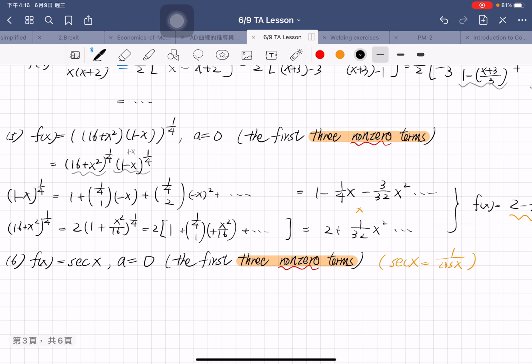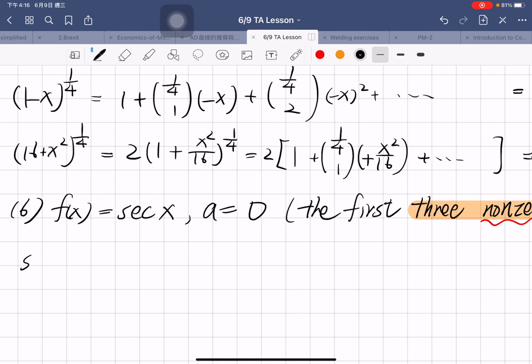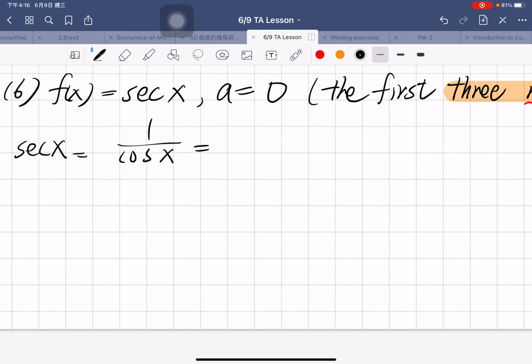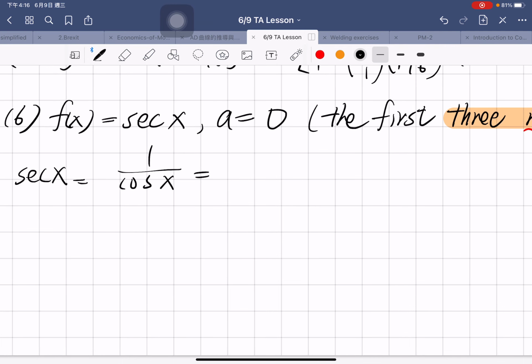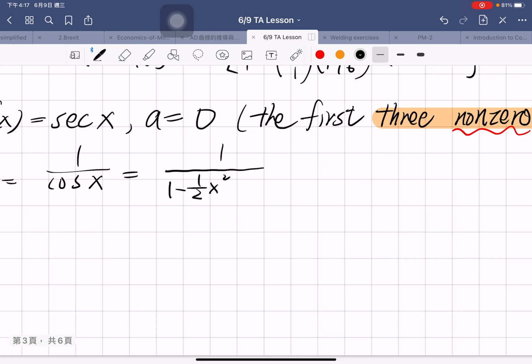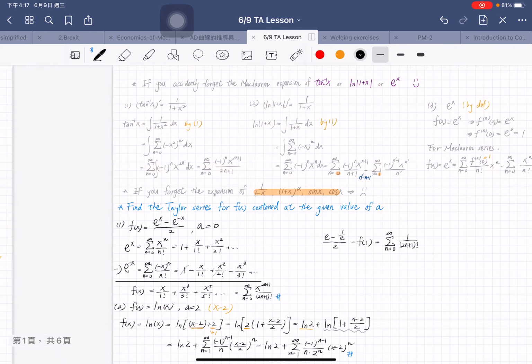So just as I said, you cannot actually expand the function, so what we do is use the derivation. We now have a 1, right? Because we know that cosine is equal to 1 minus 1 over 2 x squared plus 1 over 24 x to the 4th power, right?